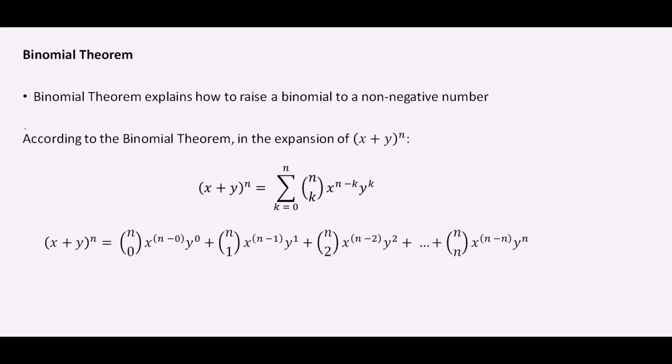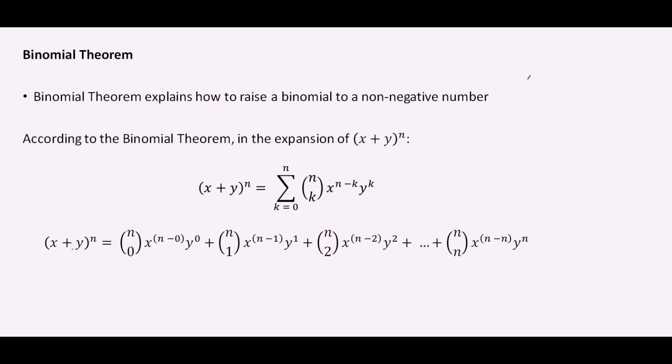So the binomial theorem explains how to raise a binomial to a non-negative number, so just to a positive number. And according to the binomial theorem, when you are trying to expand, here's an important thing to note.